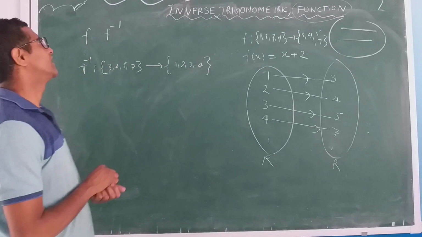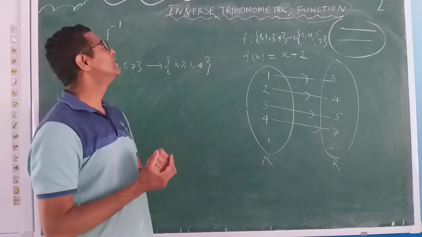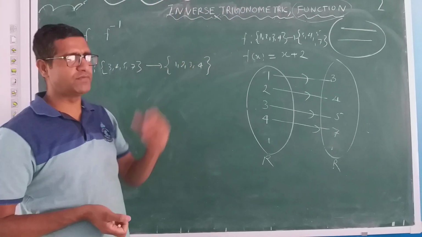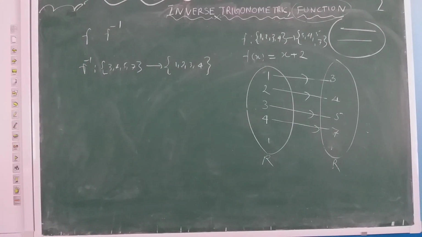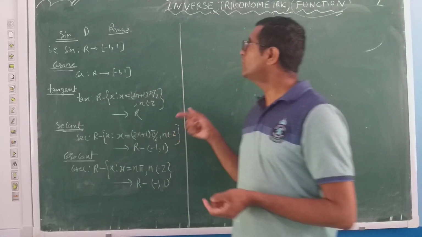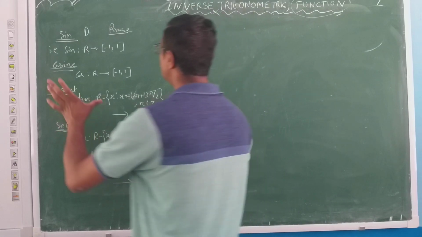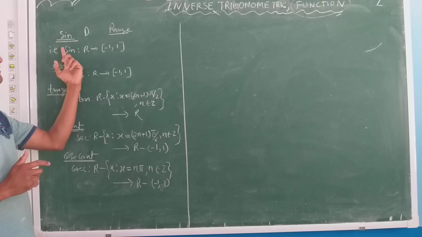Now, we'll discuss the inverse trigonometric function, meaning the inverse of a trigonometric function. Before discussing the inverse trigonometric function, my dear student, we need to understand the trigonometric functions.